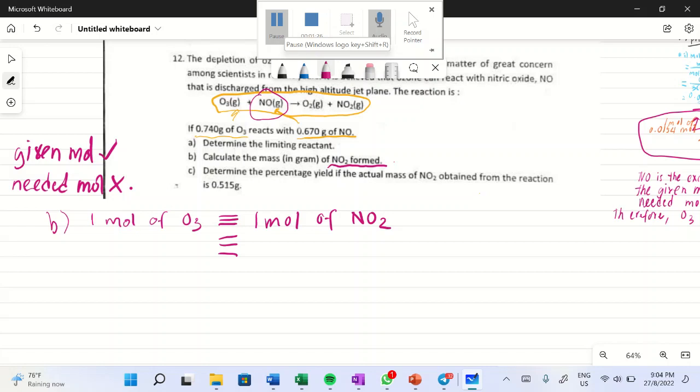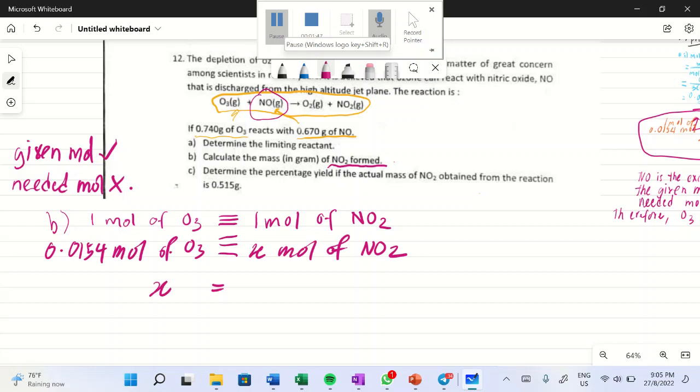Okay, so we fill 0.0154 mole of O3, X mole of NO2.